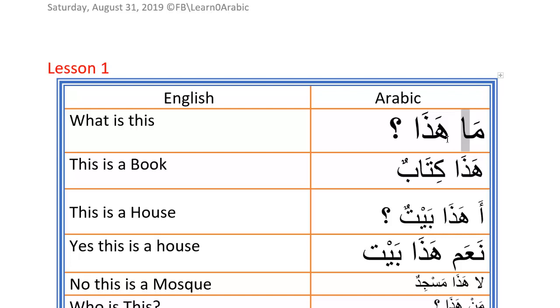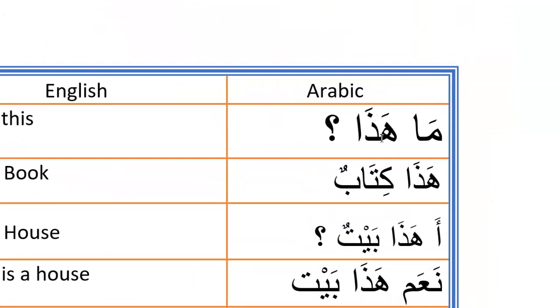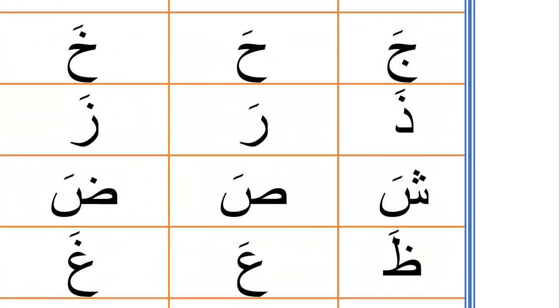Next word ha. You see? Ha. Fatha ha. Go back. Ha. Fatha. This one. You see? Here. Okay, what else? The fatha the. This one. You see?